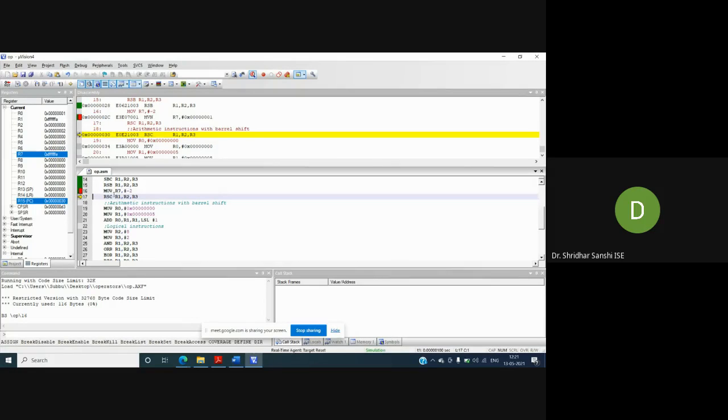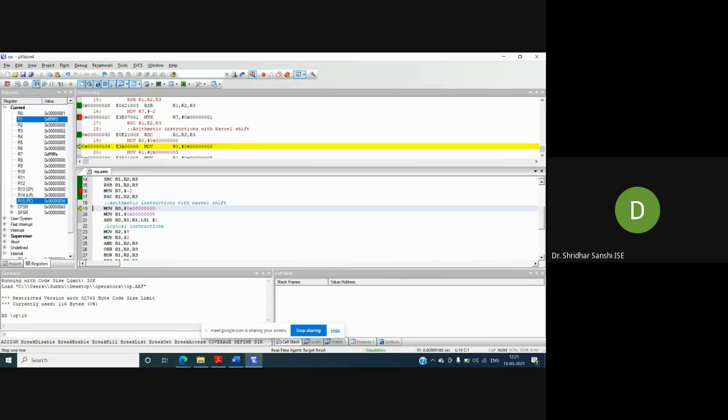And another one is reverse subtraction with carry. Whenever we are doing a subtraction, the carry bit should be negated. So what is the operation here? R3 minus R2 minus the negation of the carry bit. So that is the result here.